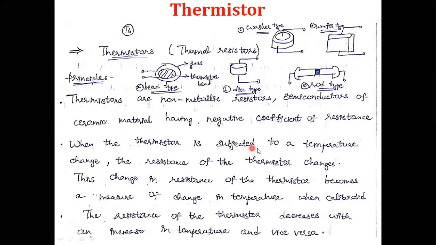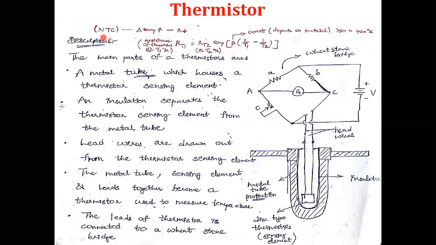When the thermistor is subjected to a temperature change, the resistance of the thermistor changes. This change in resistance becomes a measure of change in temperature. When calibrated, the resistance of the thermistor decreases with the increase in temperature and vice versa. Negative temperature coefficient means if we increase the temperature, resistance decreases, and if resistance increases, temperature decreases.